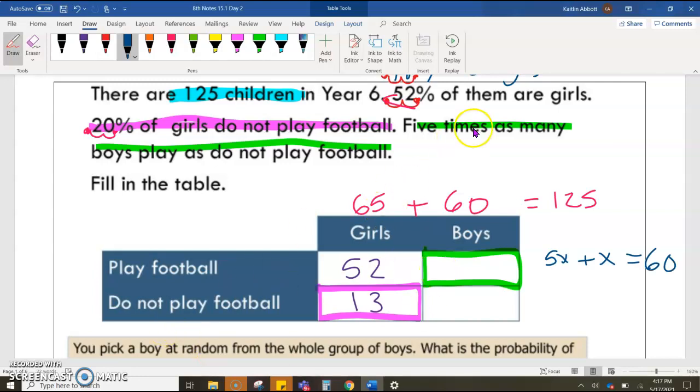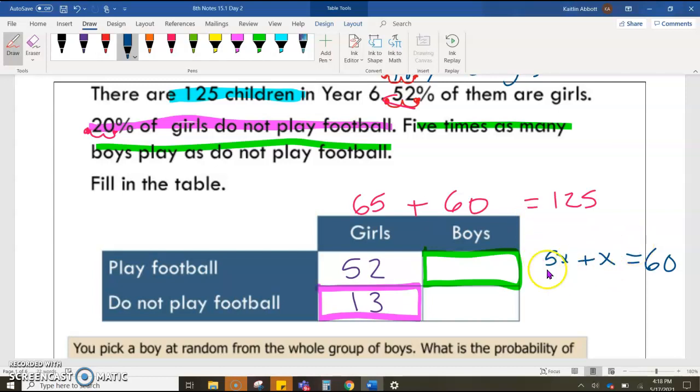So 5 times as many boys play football as do not play football. So if we add up all the kids who play football, both of these, it should get us 60, right?